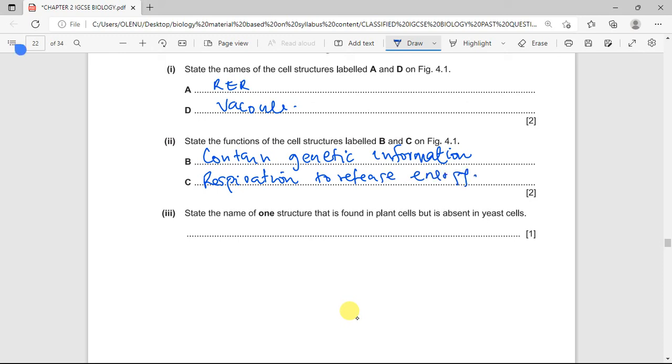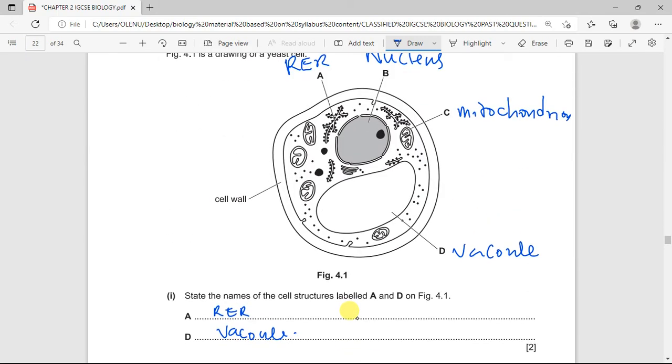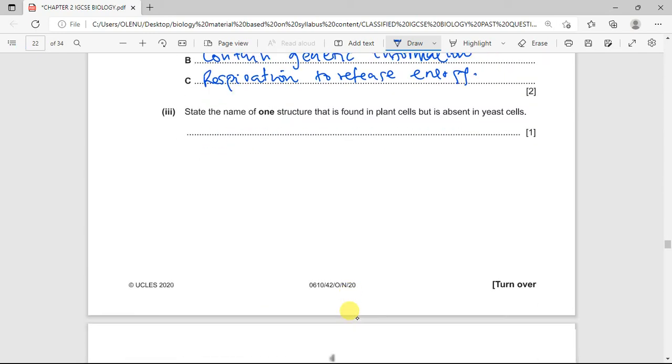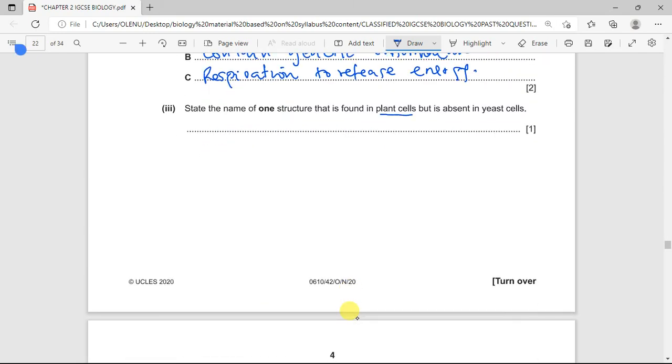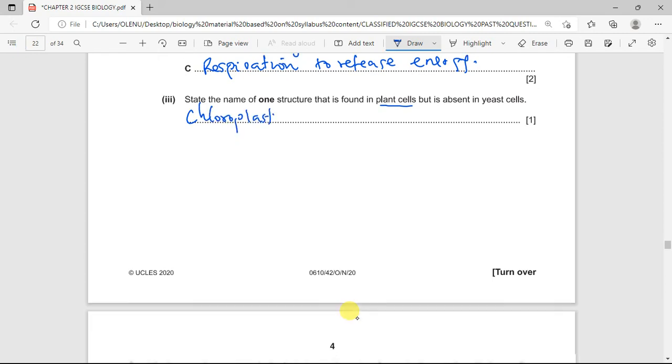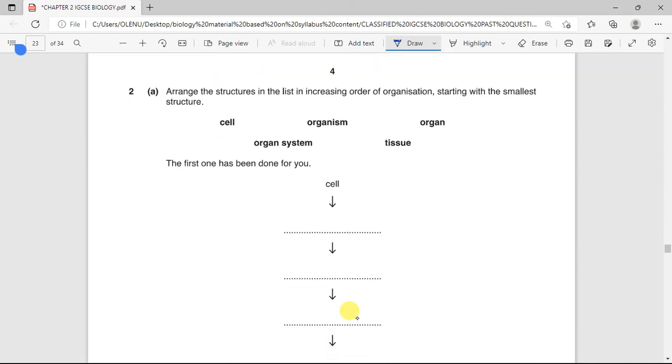Now, state the name of one structure that is found in a plant cell but absent in a yeast cell. A chloroplast is absent there. Now, arrange the structures in the list in increasing order of organization, starting with the smallest structure.